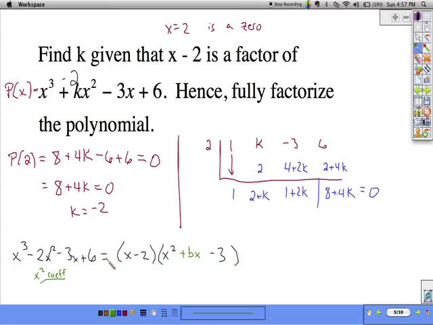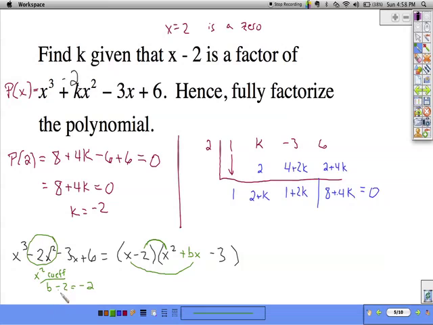The x squared coefficients are going to be b plus b minus 2, which has to equal negative 2.